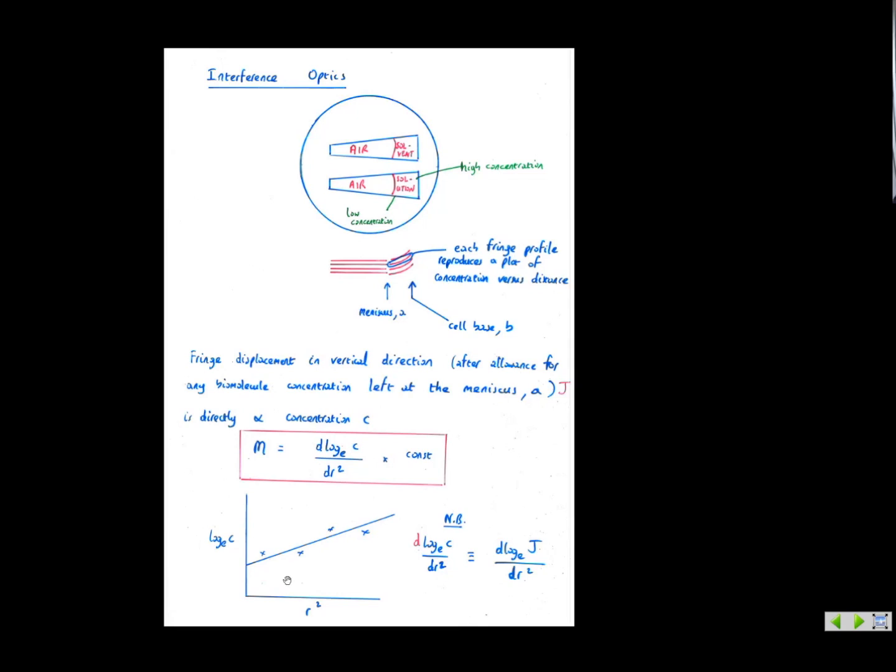And the molecular weight is given by the slope of the plot of log concentration against distance squared times the constant.